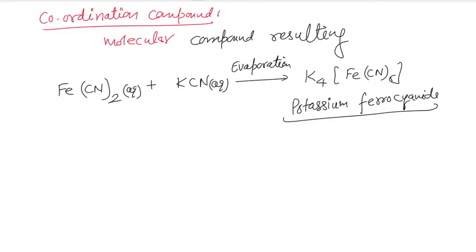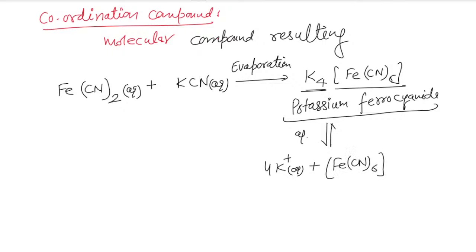Now in this coordination compound, there is an ionic bond between potassium and this whole thing. So it is 4K+ (aq) plus [Fe(CN)6]4-. In the first case, there is Fe2+ ion, cyanide ion, and potassium ion.